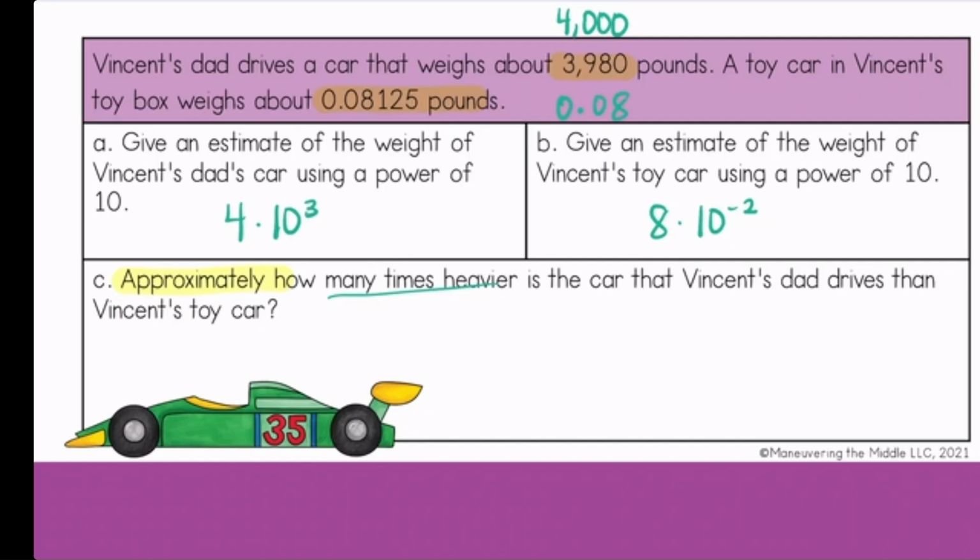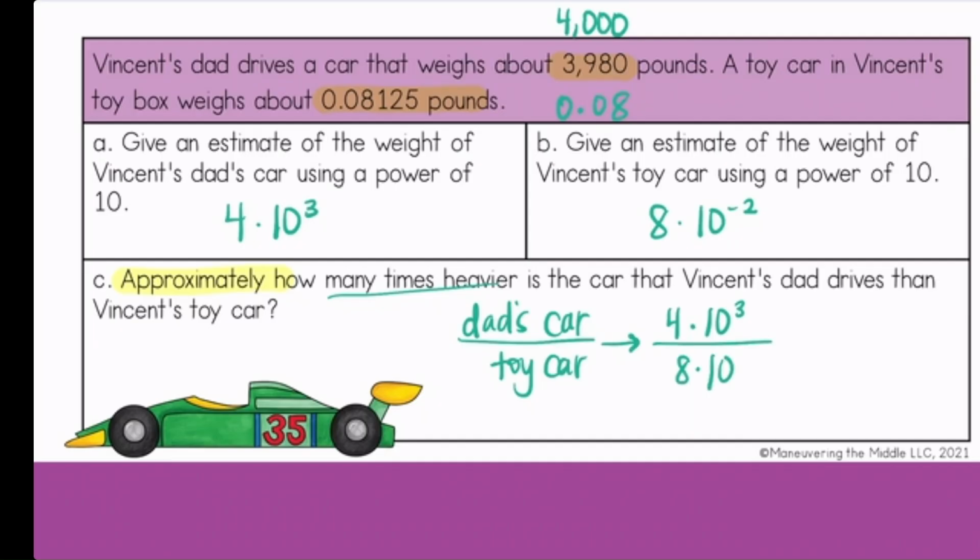So we know we're dividing the weight of his dad's car by the toy car. Using the expressions that we wrote, that will help us give the estimate. So the actual car that his dad drives, we round it as 4 times 10 to the third. And then the toy car would be 8 times 10 to the negative second.